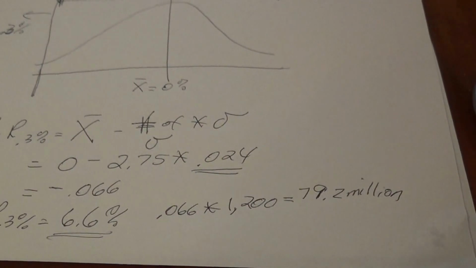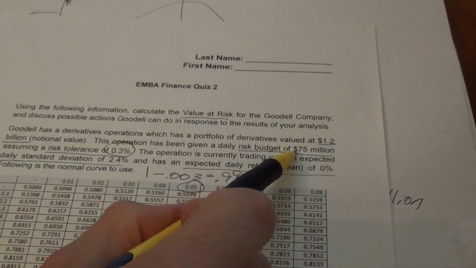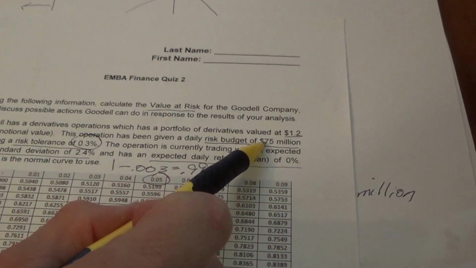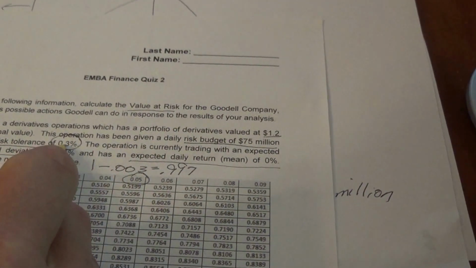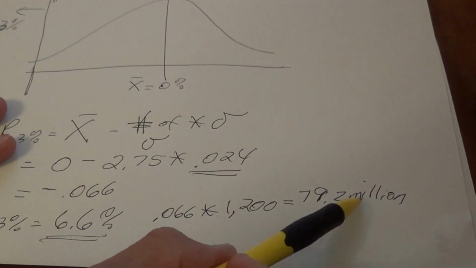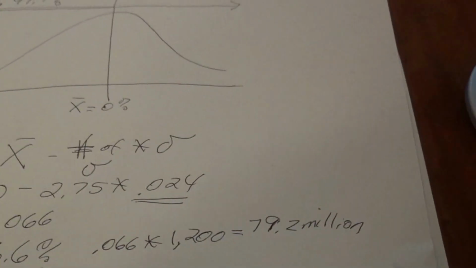So how did they do? If you go back to the problem, you'll notice that their risk budget was $75 million. So they're allowed to lose up to $75 million, 0.3% at a time. However, they're expected to lose $79.2 million, 0.3% at a time. So they are over budget.